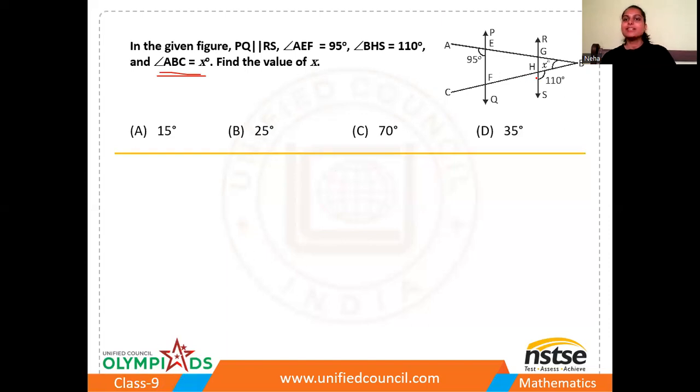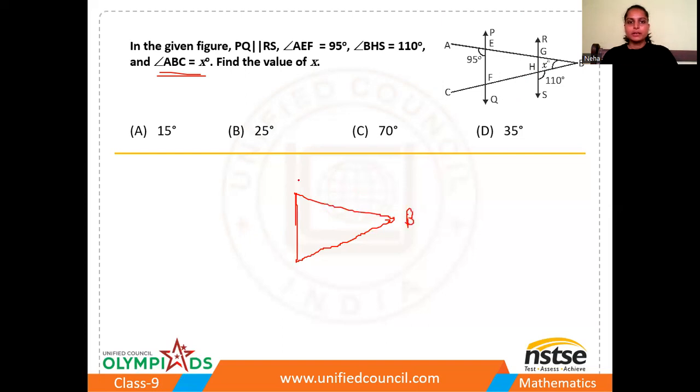Alright, so two angles are given. I think with the help of these two angles, I can do it very easily. Because it is also given that these two lines are parallel to each other, so now my question becomes very easy, right? So if this angle is 110 degrees, let me take the triangle BGH and draw it here in the bigger form.